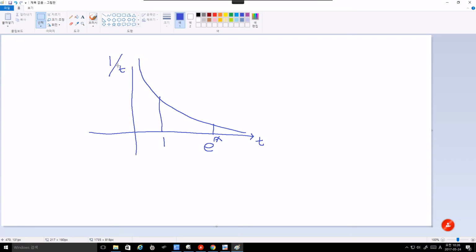So here the formula for this graph is 1 over t, and if we integrate, the size of this area is exactly x. So we have this interesting pattern: we integrate 1 over t dt from 1 to e to the x, and this becomes x.